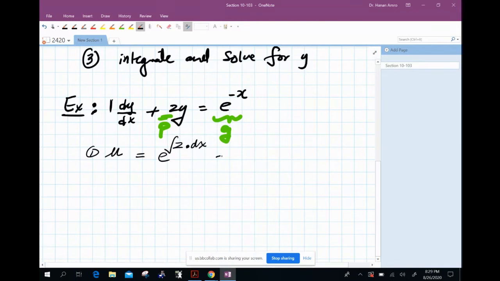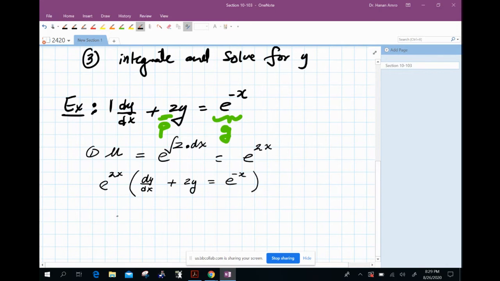So when we actually try to integrate, the integration of 2 dx is just 2x. So this is what we call the integrating factor. So now after we find the integrating factor, what I want to do is multiply everything by the integrating factor. So I come right here, I say, okay, this is e to the 2x, and I'm going to multiply dy over dx plus 2y, and that's equal to, let me just open the parentheses, e to the negative x, and we close the parentheses.